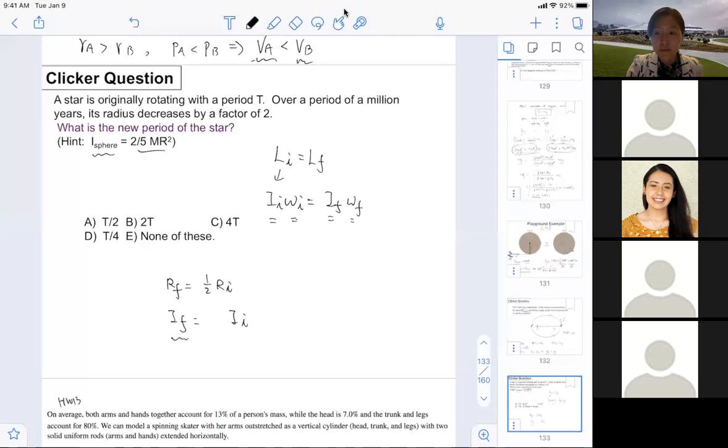Would it be 1/5? Yes, 1/4, right? A quarter, because I is proportional to R squared. So if R is 1/2 of what it was, then I is 1/4 of what it was. Yes, very good.